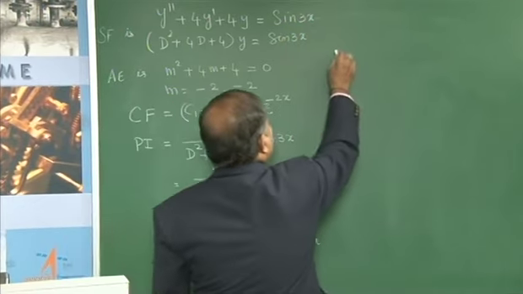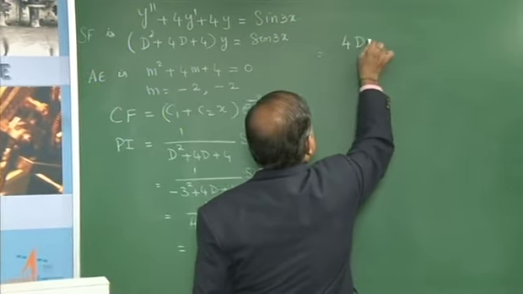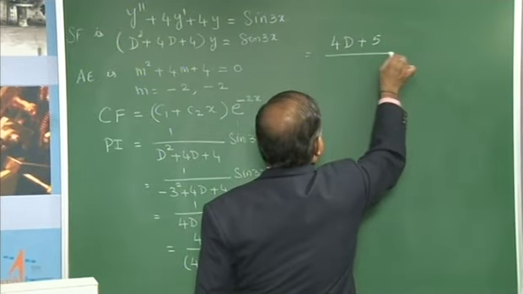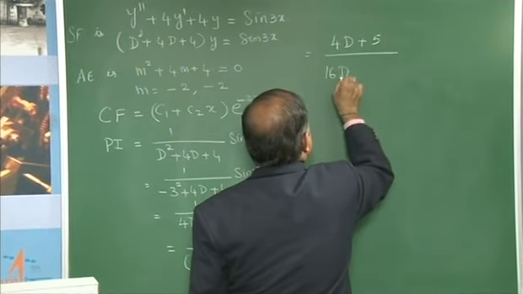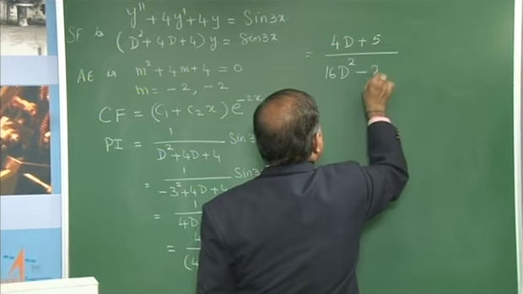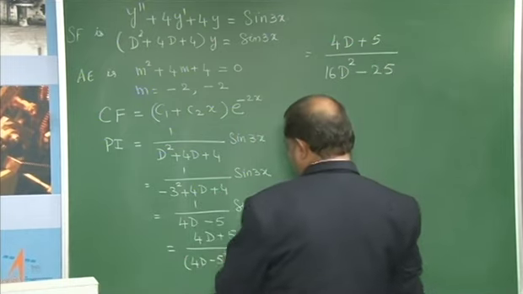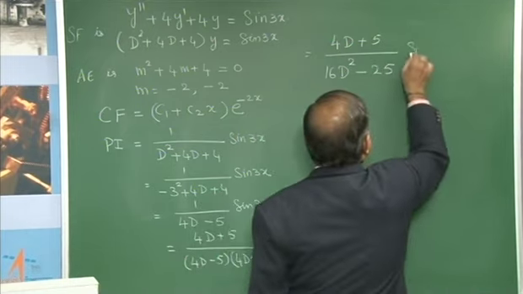Now 4D plus 5, denominator 16D square minus 25, 5 square, 25, sin 3x.